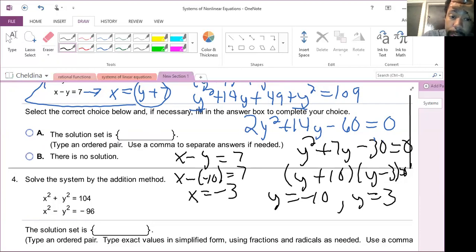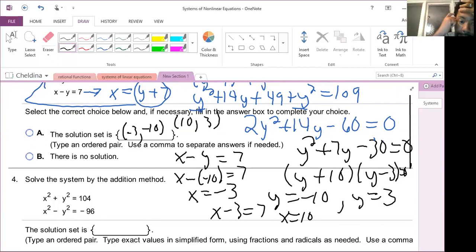And so one point we want to check out is negative 3 comma negative 10. And then we plug in 3 for y: x minus 3 is equal to 7. Then x is 10. So the other point we want to look at is 10 comma 3. Those are the 2 points.